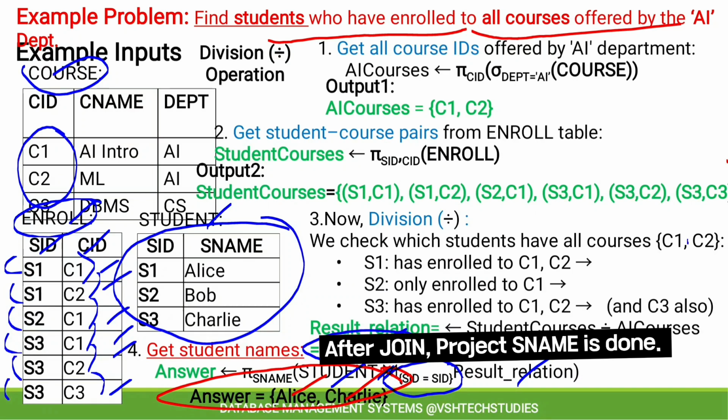If you verify S1 and S3, their names are Alice and Charlie. So finally, who are the students? With only IDs, it is S1, S3. If you find the names in the fourth step, they are Alice and Charlie. So Alice and Charlie are the students who have enrolled to all the courses offered by the AI department.